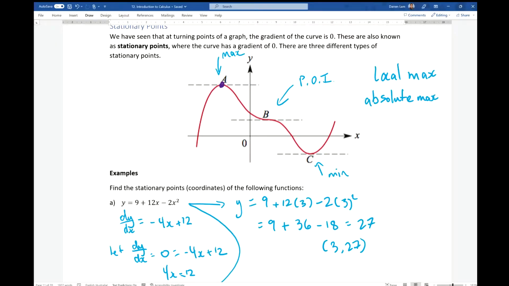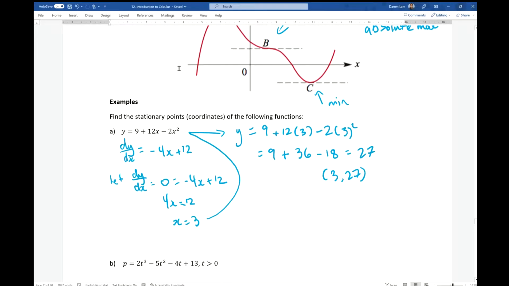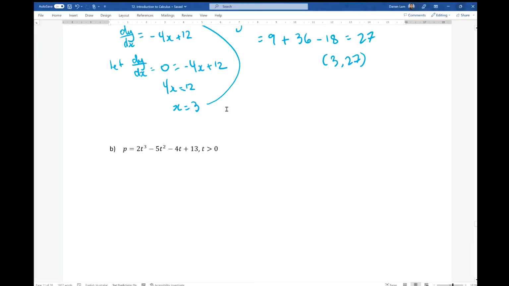Any questions? Last concept. I'm going to write this down here on the bottom right. So we're looking at strictly increasing and strictly decreasing. Apologies for the horrible handwriting.